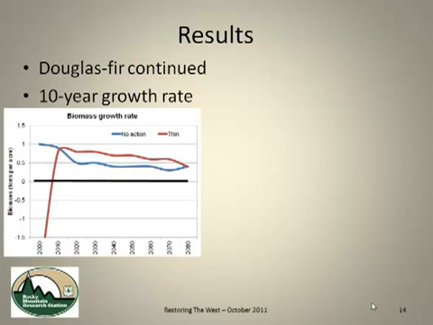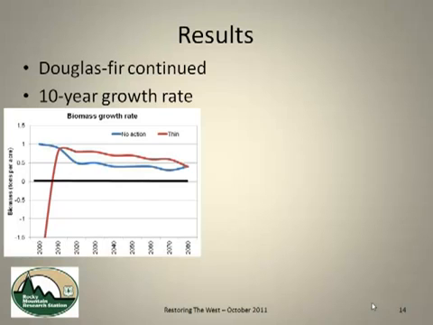So here's the annual biomass accumulation rate. The colors are the same. The blue is the no action, the red is the thinning. And what we see is that after the drastic loss from the thinning, the stand begins to accumulate biomass at a faster rate than the no action and continues to until the end of this rotation.